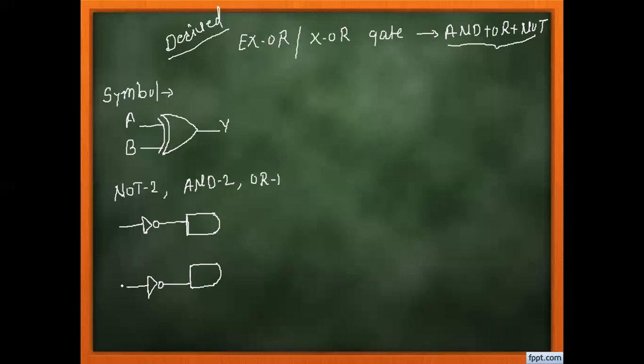Now the inputs are going to be connected in this way. Okay, and the outputs of both the AND gates, if connected to the OR gate, then this circuit diagram can act like an exclusive OR gate.